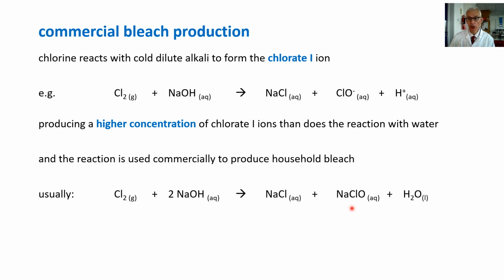And we have an additional hydroxide ion which is going to react with the hydrogen perhaps to form water. So this is the more usual way to present the reaction of chlorine with sodium hydroxide, with a product of water rather than a free H plus ion, which in the presence of an alkali is going to be forming water. So you are expected to be able to reproduce both reactions, equations, depending on the circumstances of the question.